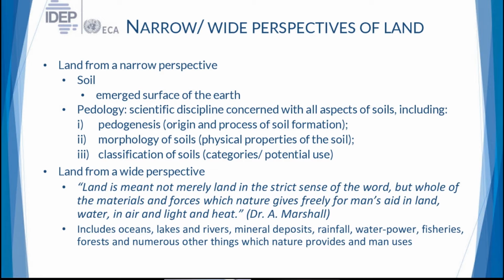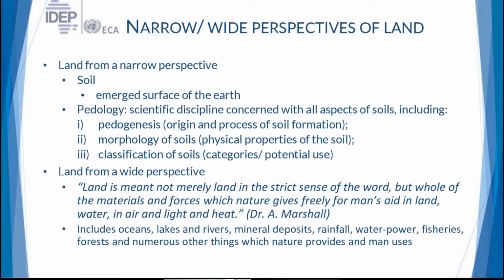But we can look at land from a wider perspective. The wide perspective of land is the one which is brought to us mainly by economists. So I'll borrow a definition or a description of what land is from Dr. Marshall, which is a very famous economist.